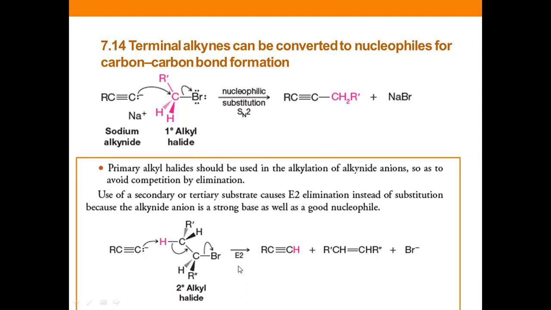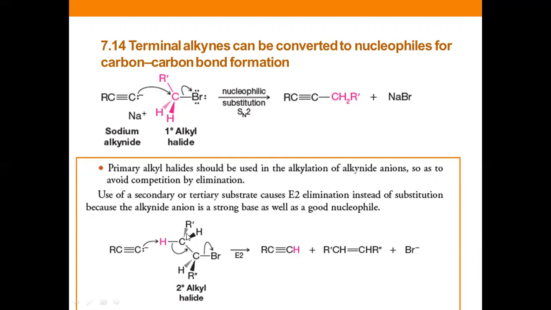What you will get also is the product of the E2 reaction. Once this abstracts the proton, the bond from this will be used to form a double bond here, and the Br will leave.